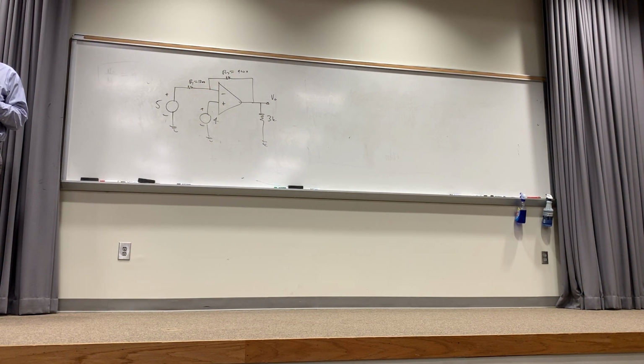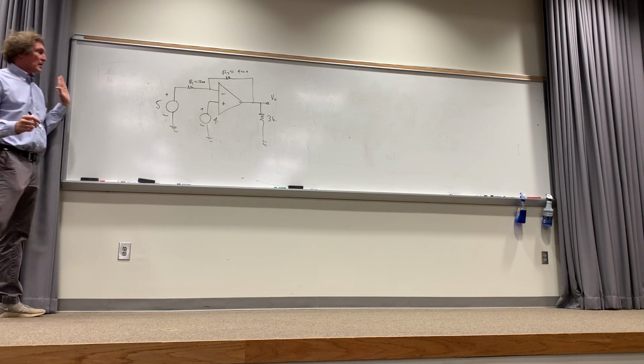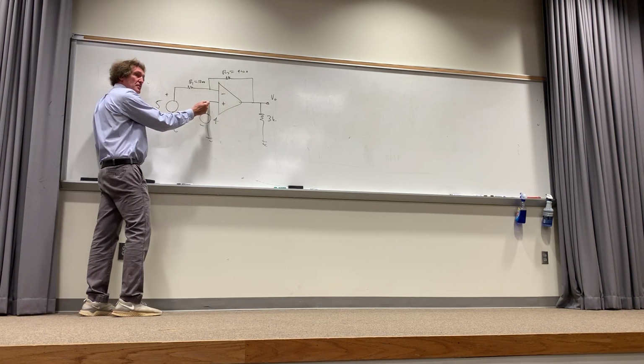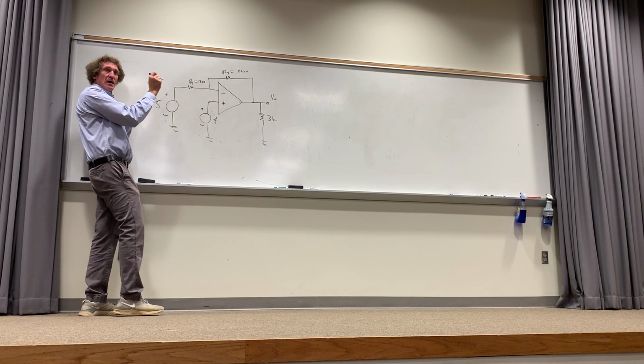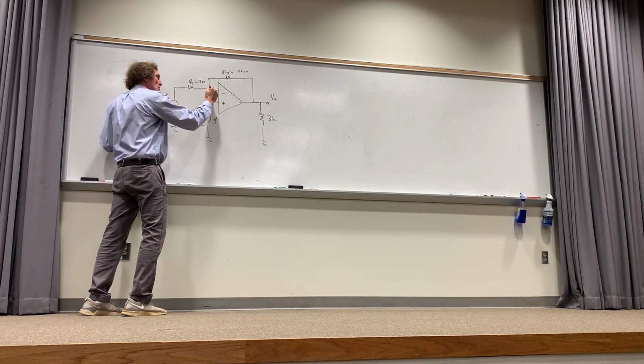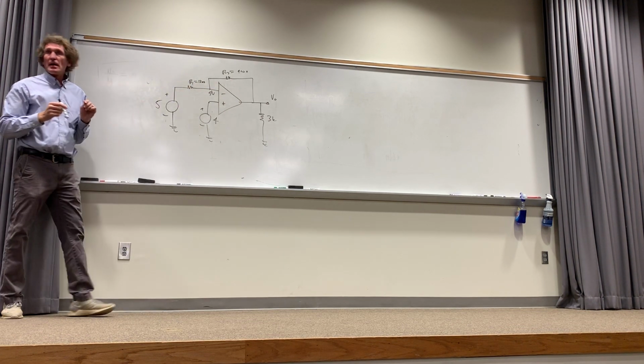Again, the rules of the game are no voltage across the input terminals, no current into them. The inputs are the minus and plus on the flat side of the differential amplifier. So if I come here, I know this is 4 volts, correct, class? Can you all see? That means that this is 4 volts as well, correct?